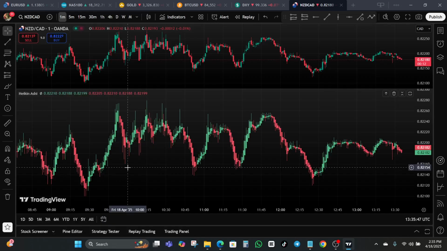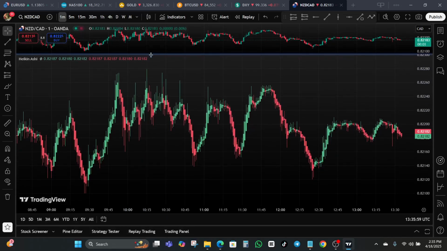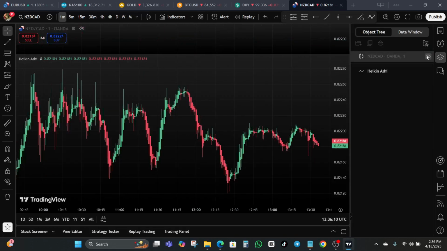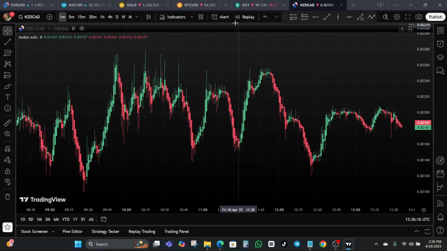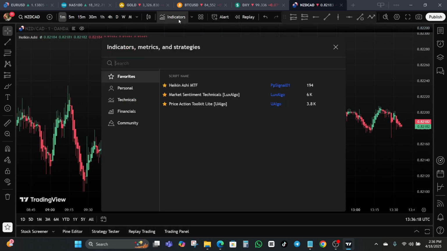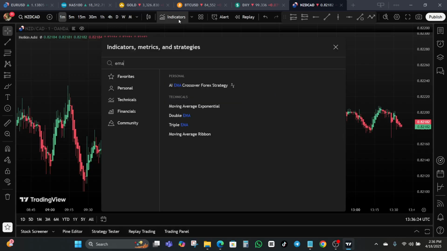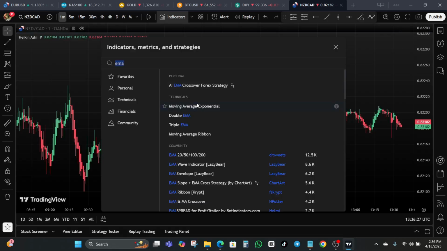Now, here's how to set up this scalping strategy. Your chart time frame is 1 minute. Your candle type is Heikin Ashi, which we have here. And then your indicators, we're going to be using the 20 period EMA.